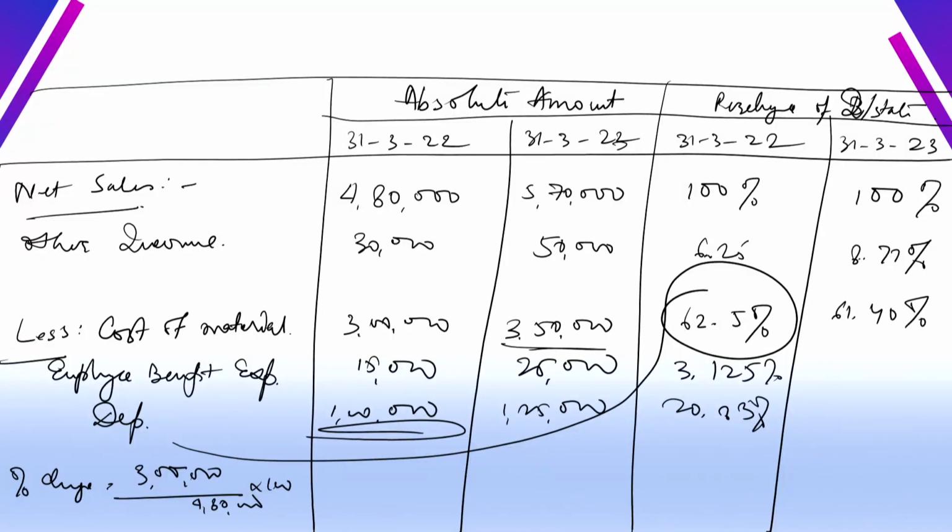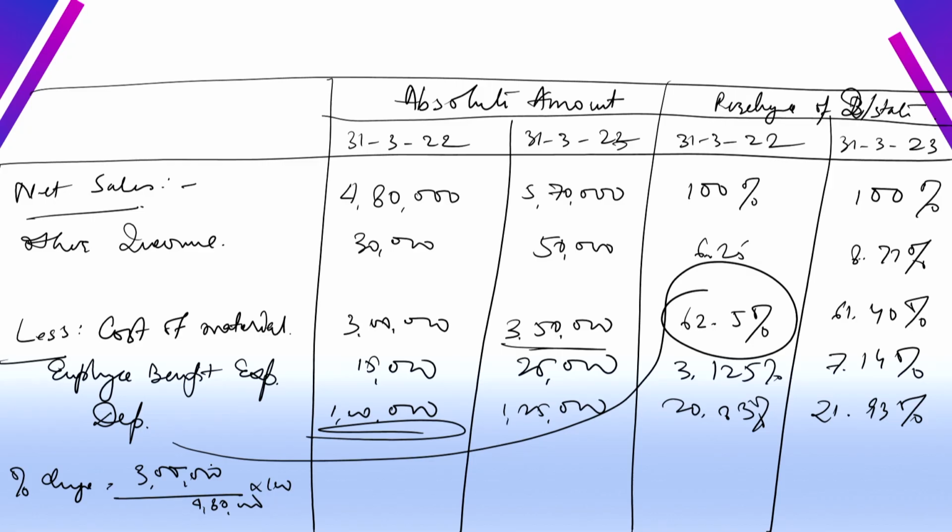This is a very major chunk of the cost of material and the expense for the organization, and as you can see it is clearly more than 50% of the total expenses. Now the employee benefit scheme, 25,000 out of rupees 5,70,000, will come to around 4.39%, and depreciation will amount to 21.93%.